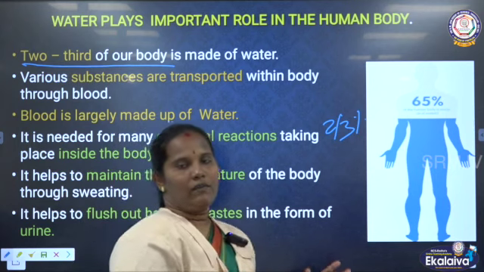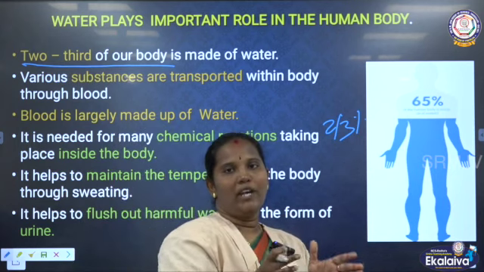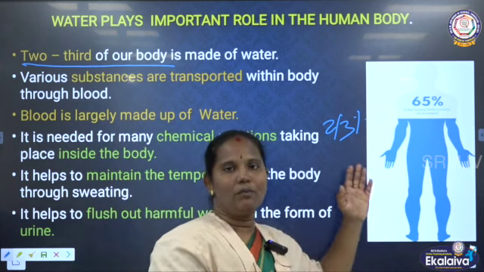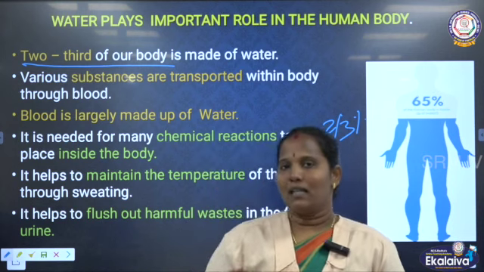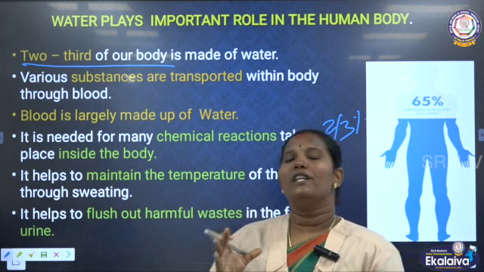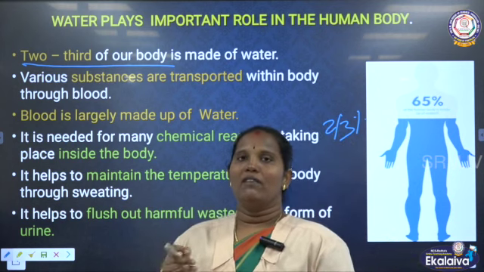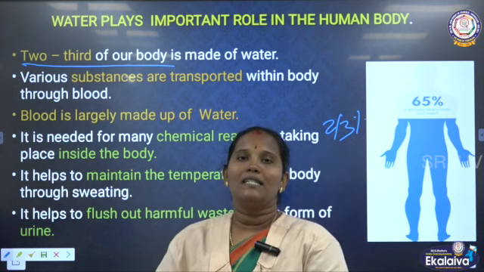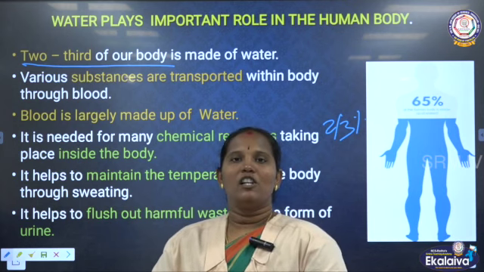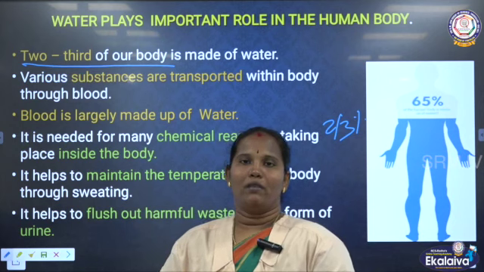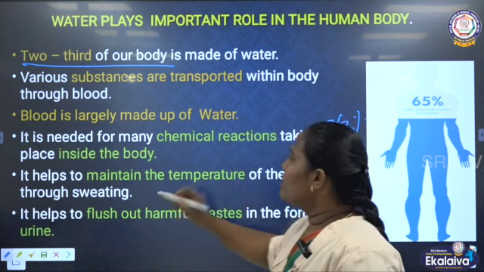So, if we are calculating our body weight, about two-thirds of it is water content. See, apart from this, the water helps in the transfer of nutrients. Even it transfers the wastes, and then it transfers the blood, and oxygen is also transferred with the help of the water.